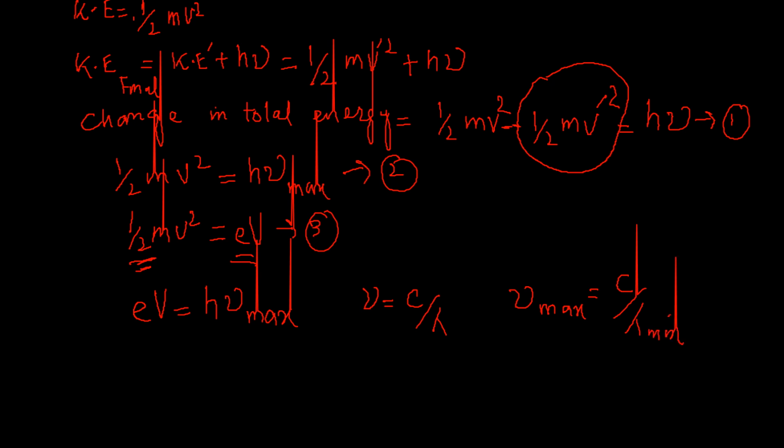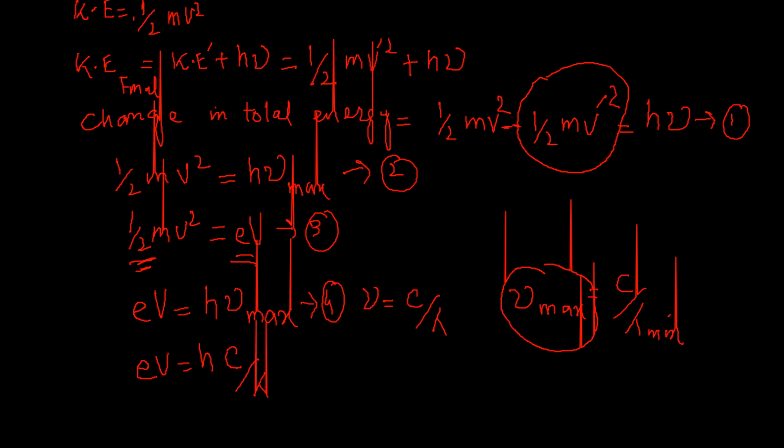This means that if a continuous X-ray photon has a maximum frequency, then its wavelength will be minimum. Consider this as equation number 4. Then eV is equal to h c by lambda minimum. So lambda minimum will be equal to hc divided by eV.